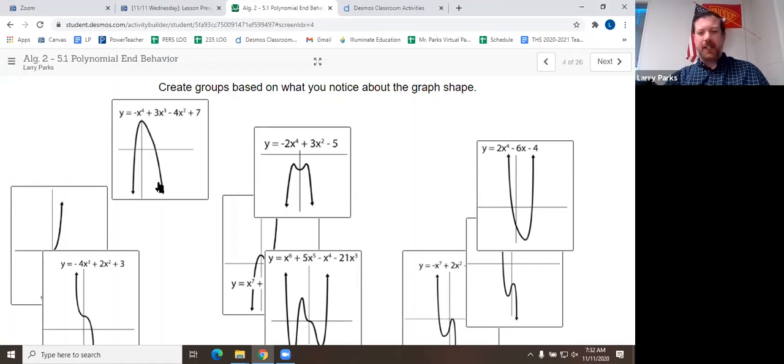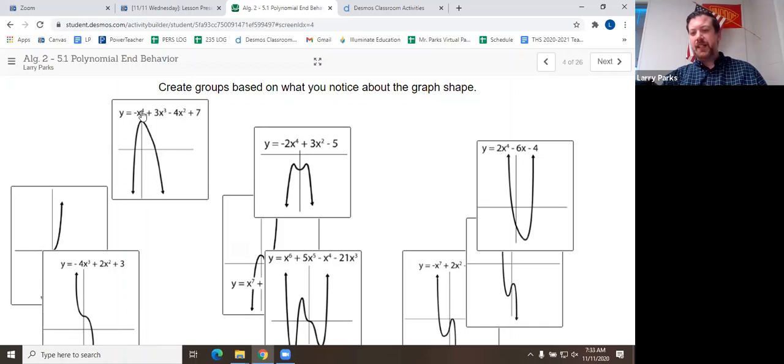It'd be kind of like if I had a book and I looked at the front of the book, and then I looked at the back of the book and I ignored what was in the middle, which you kind of do when you're trying to decide if you want to read a book or not. Usually you look at the front, look at the picture, you flip it over, and sometimes you read the summary and you're like, I think I'll check this book out or I'll buy it. So that's kind of what the end behavior for a polynomial is.